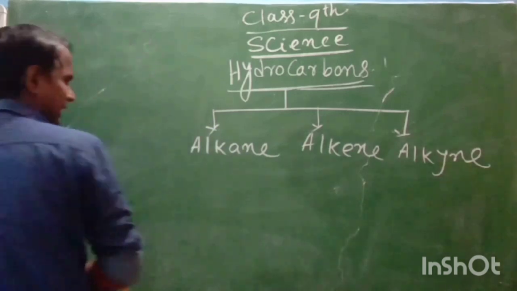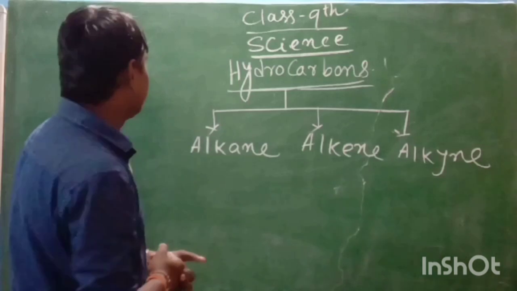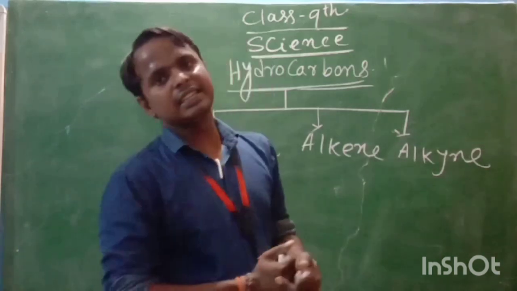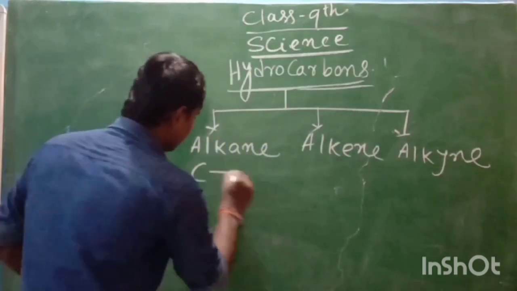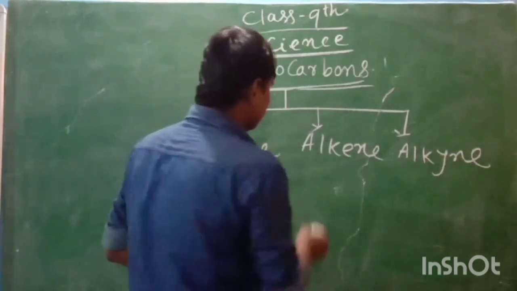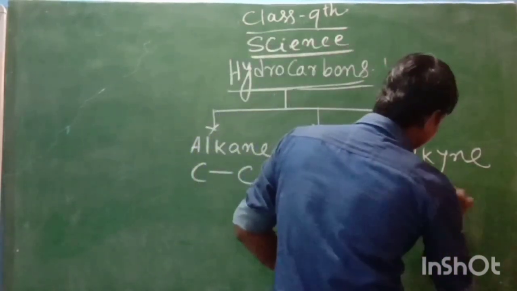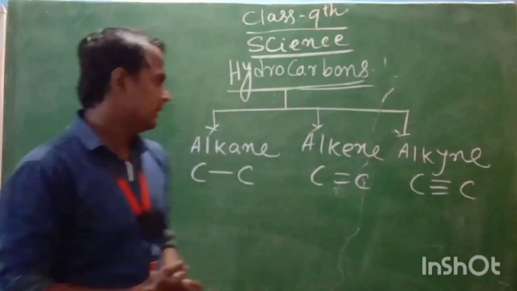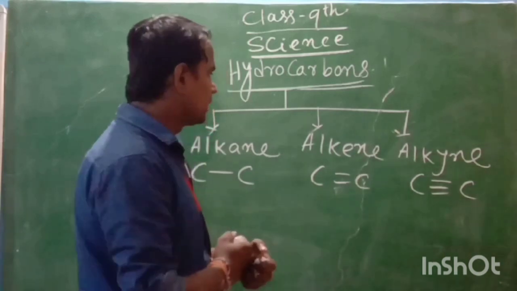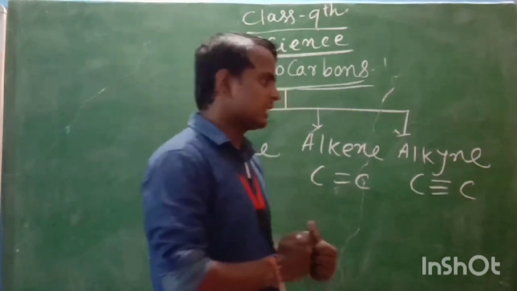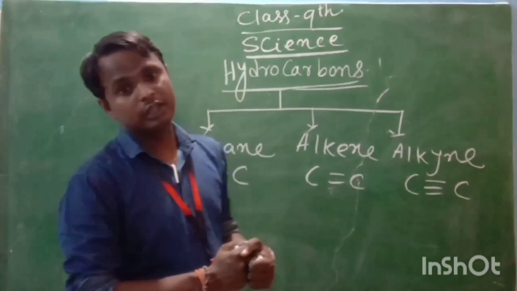Alkanes mean carbon-carbon single bond. Alkene means carbon-carbon double bond. And alkynes mean carbon-carbon triple bond. Again I repeat, alkanes mean carbon-carbon single bond, alkenes mean carbon-carbon double bond, and alkynes mean carbon-carbon triple bond.